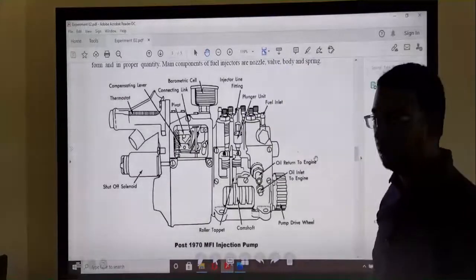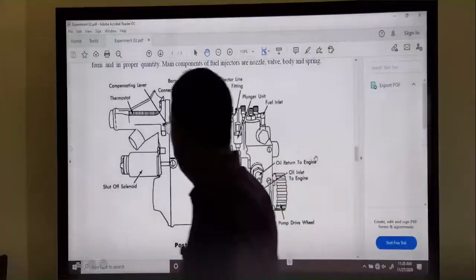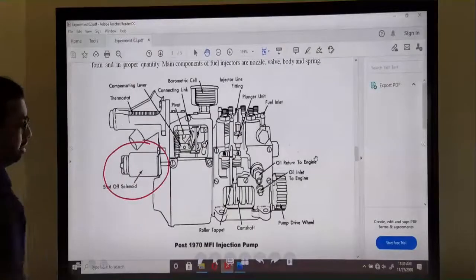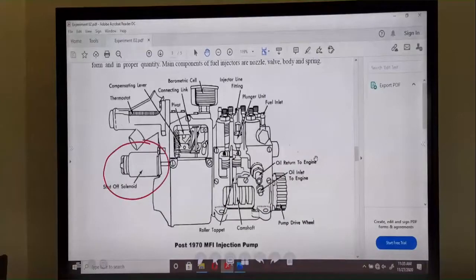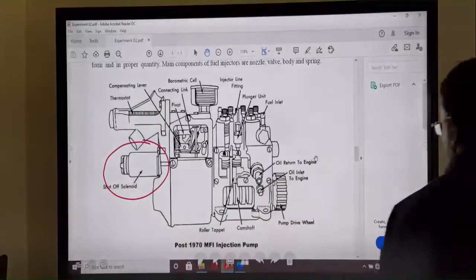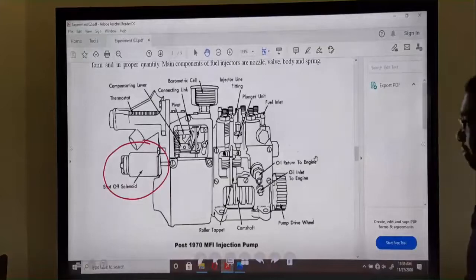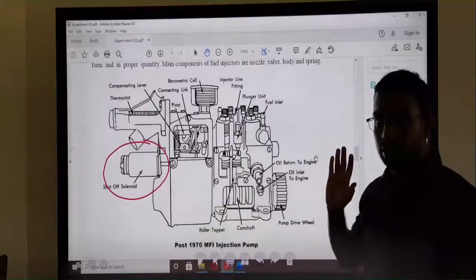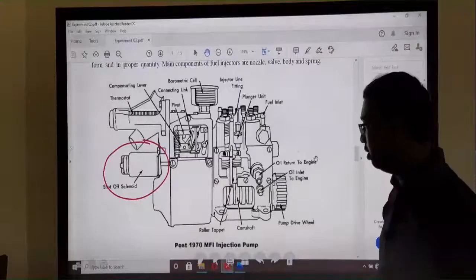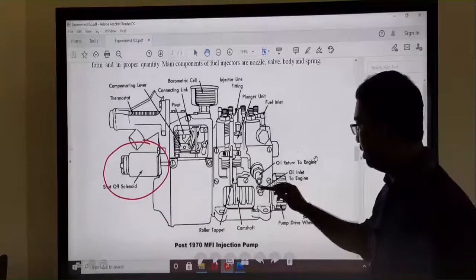Then we can see here there is a shut-off solenoid. What is this? Just think, when you push the vehicle without starting the engine, I told you the camshaft rotates.